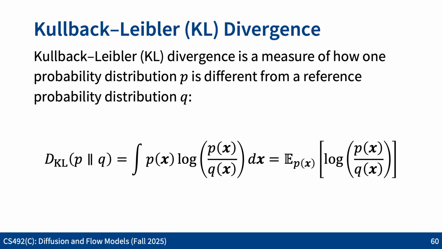And then here the question is: what would be the KL divergence for the case when the given distribution is the same as the reference distribution? Should be 0, right? By definition of the KL divergence, this should be 0. And you can also check whether this formulation goes to 0 when these two distributions are the same. So this is the basic idea.